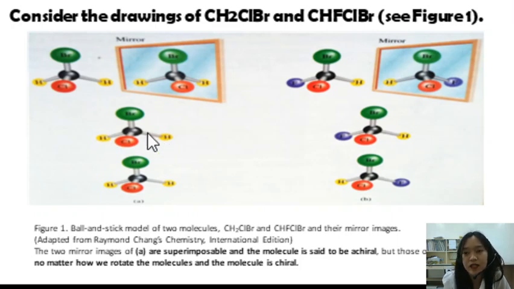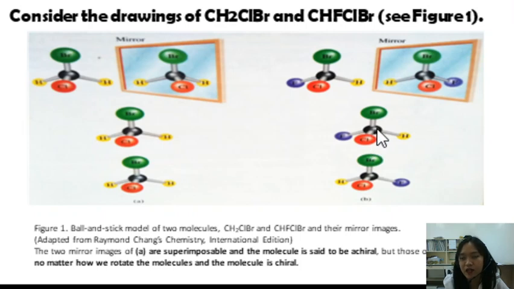Di ba sabi natin, the chiral carbon atom must contain 4 different functional groups. On this sample, 3 lang, kasi hydrogen atoms, dalawa ang nakabond sa iyong carbon atom dito. While sa other example, meron kang bromine, chlorine, fluorine, and hydrogen. So, 4 na different functional groups ang nakabond.